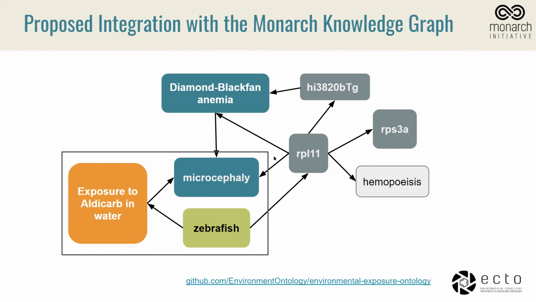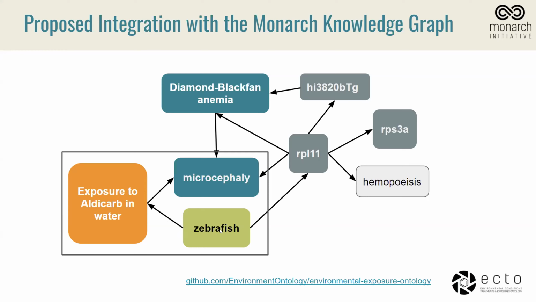Also, here's a model showing the proposed integration with the rest of the Monarch knowledge graph. This box shows the data that you would get from a high-throughput zebrafish study. Let's say you have exposed a zebrafish embryo to aldicarb, and then you observe the microcephaly endpoint.